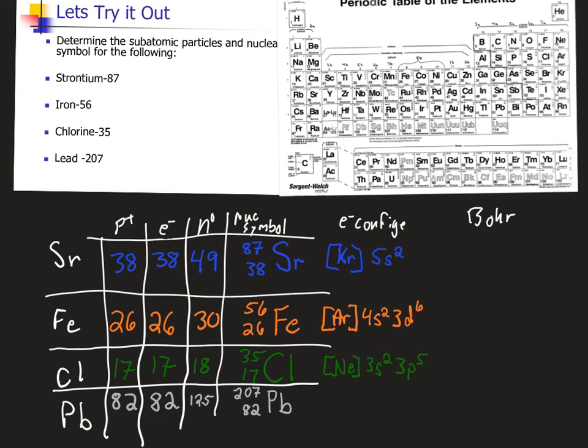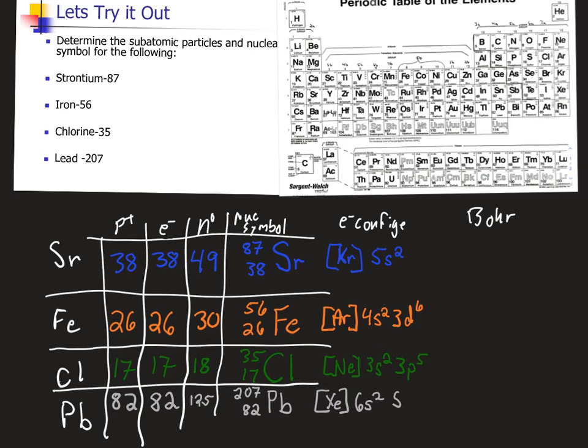For lead, things get pretty big, and therefore the previous noble gas is xenon. Lead has the addition of 6s2. Now, what you write next doesn't bother me none.